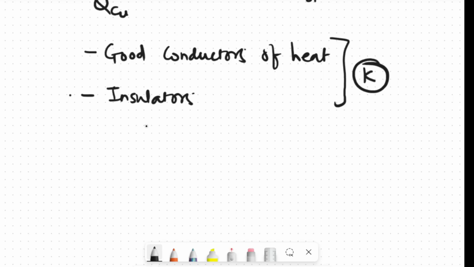The materials like, for example, silver, then copper, gold have a good value of thermal conductivity. Then I can say aluminium, then iron have good conductivity. So these materials are called good conductors of heat.